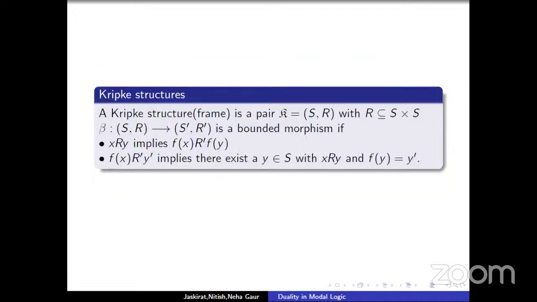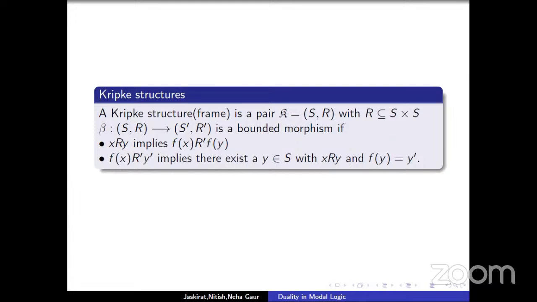Okay. So Kripke structures have already been defined. It is a set with a binary relation, and now we are going to define what a bounded morphism is. If you have a morphism between two Kripke frames, we say it is a bounded morphism if it preserves two main properties, namely the forth and back properties.